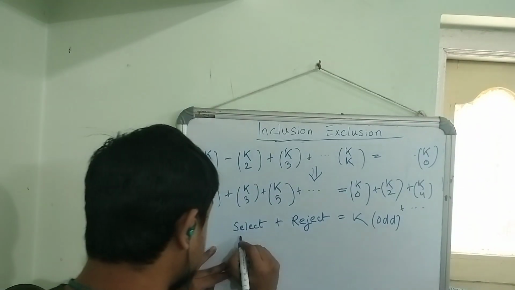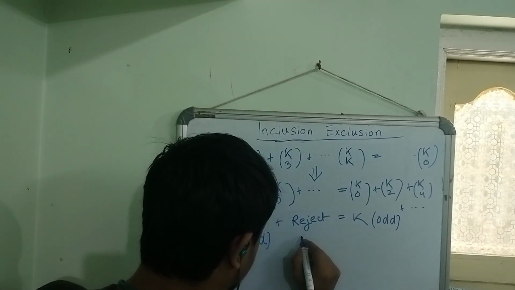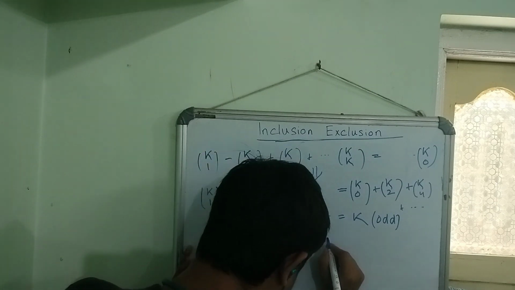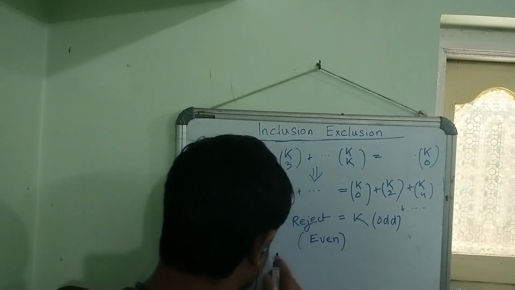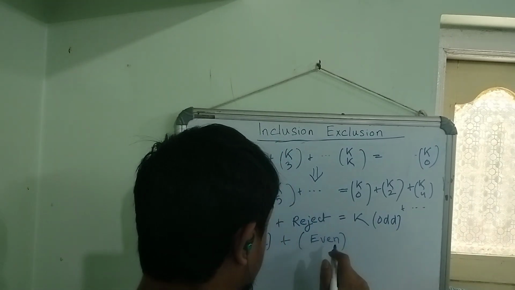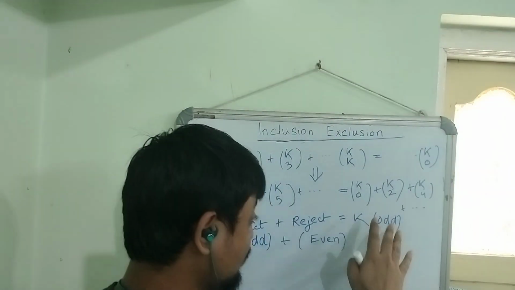Now, if I select an odd number of elements, then the remaining will be an even number of elements, right? Because odd plus even is equal to odd. If the remainder were also odd, then k would have been even, but we assumed k is odd.